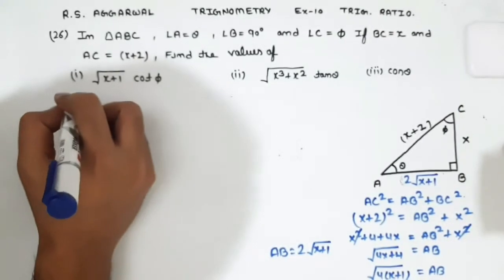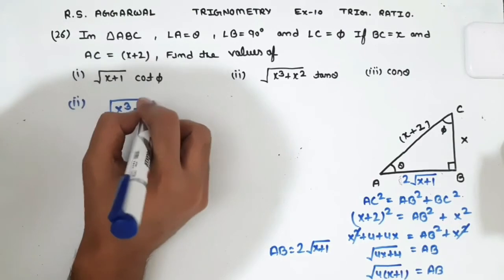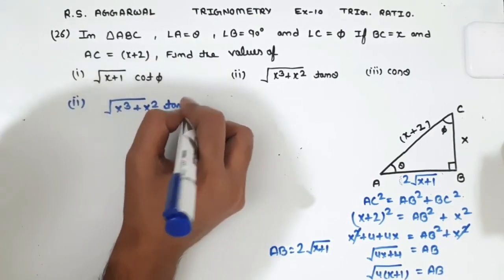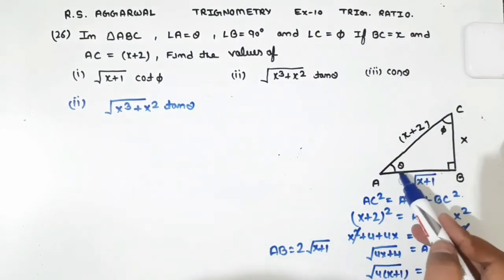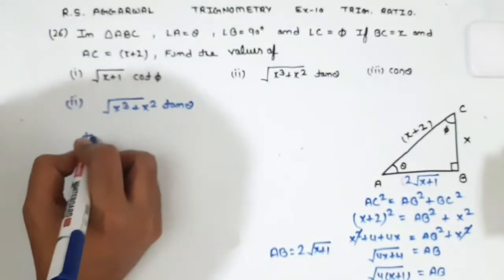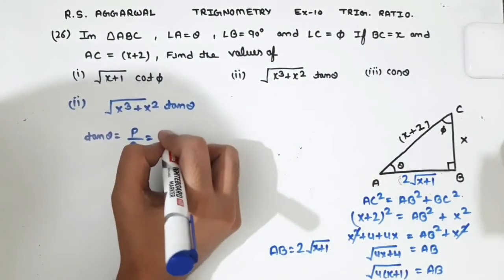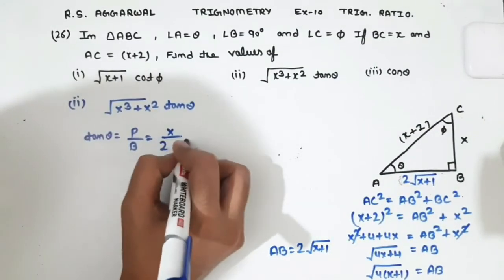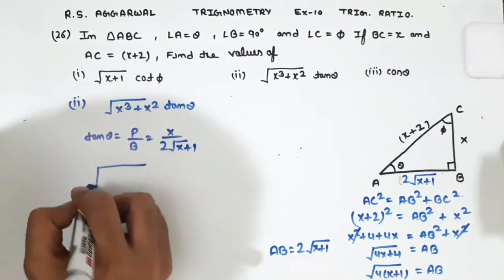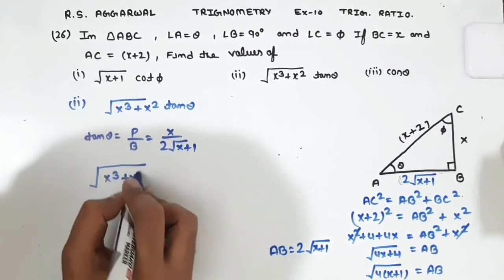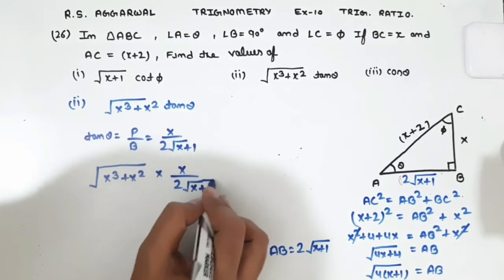In second part, we have to find under root x cube plus x square tan theta's value. So in triangle ABC with respect to theta, the value of tan theta will be perpendicular upon base. So perpendicular is x and base is 2 under root x plus 1. Now putting value here, x cube plus x square into x upon 2 under root x plus 1.